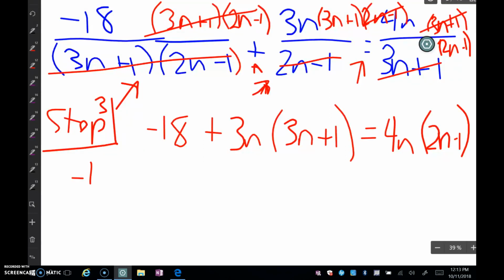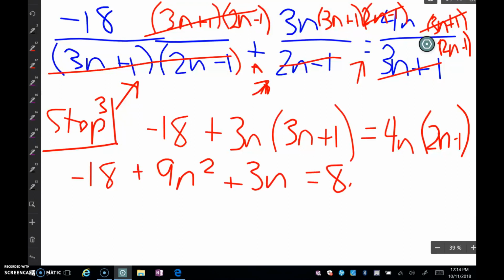So I'm just going to distribute everything. So I have negative 18 plus 9n squared plus 3n equals 8n squared minus 4n. So just make sure you're checking all of that. Since these problems have squares in them, I'm going to get my squares together first.